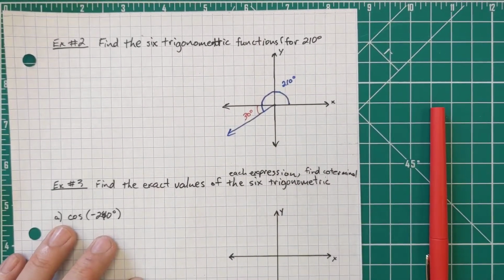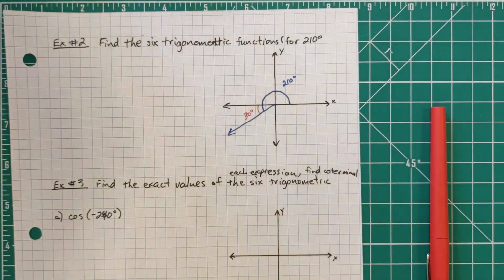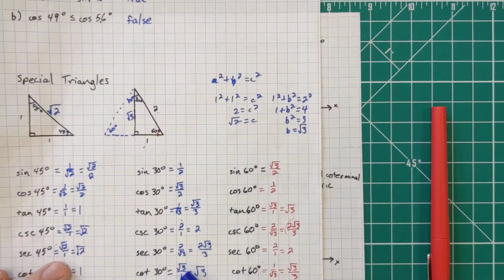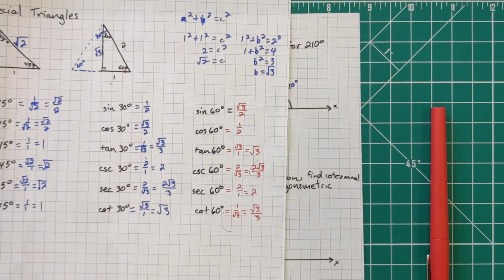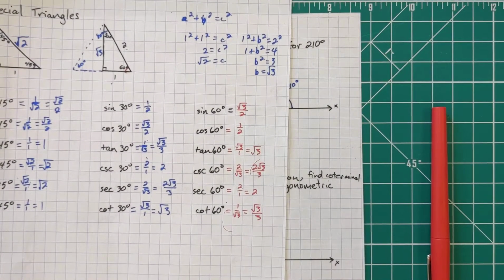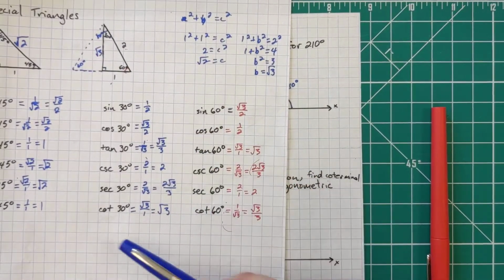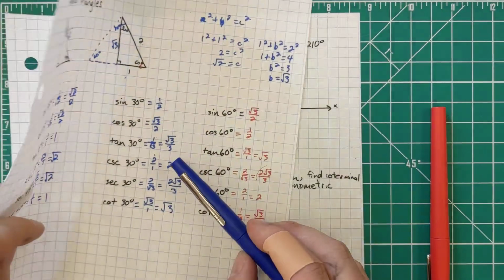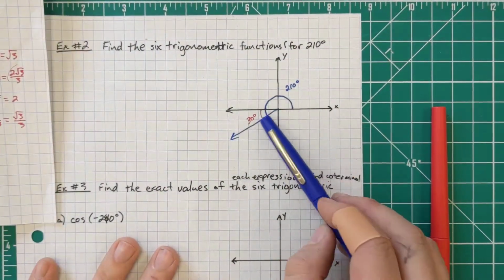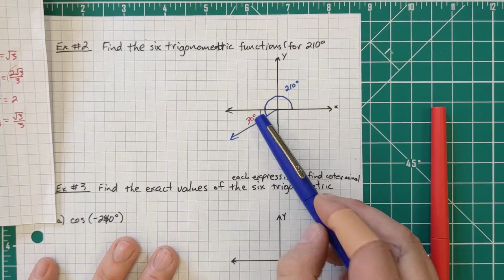When I did my trig functions here, notice that these are all positive. So if I have an acute angle, all of these are positive. So I have to go back and think about what's going to happen here.